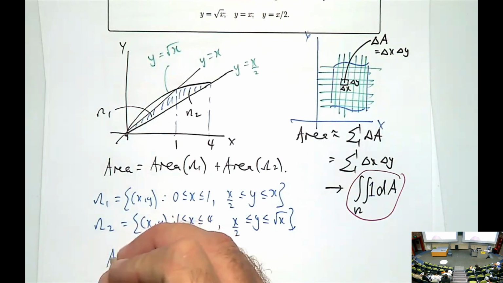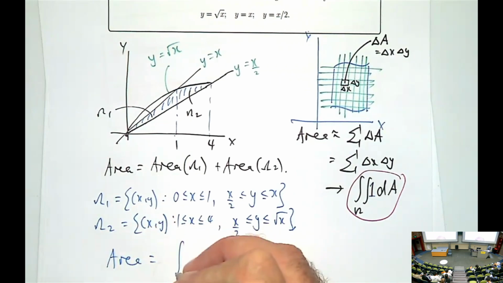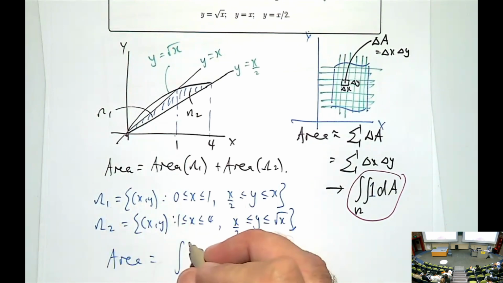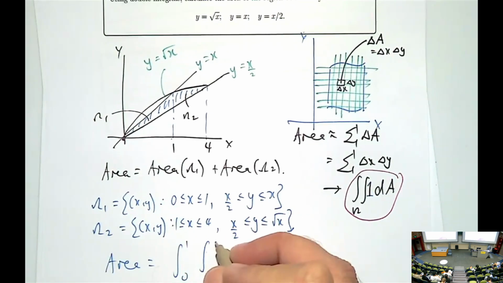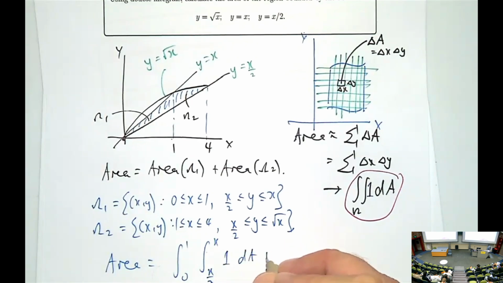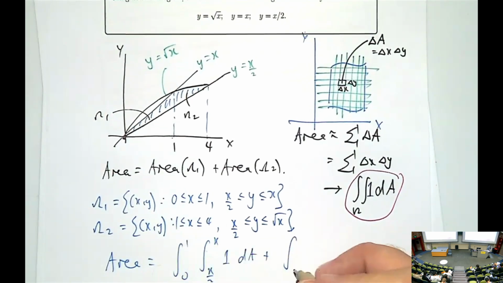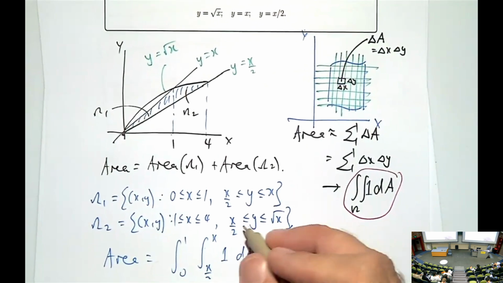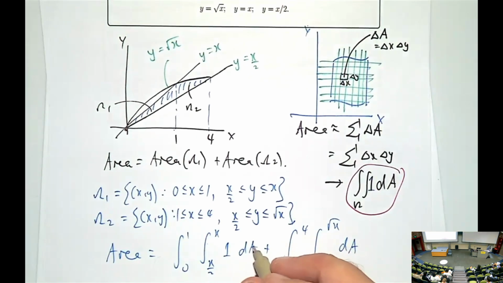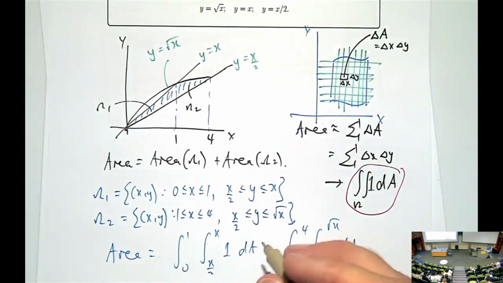So let's just compute the area. Let's set these things up. Let's go over omega 1 first. So 0 to 1, x on 2 to x, think of it as 1. Then 1 to 4, root x to x on 2, dA. Now I've written out dA here, but let me adjust that.